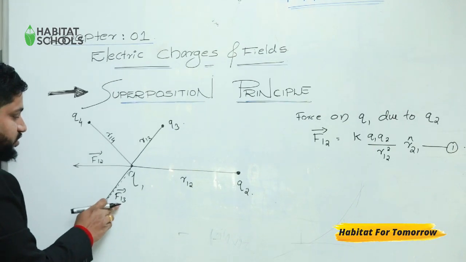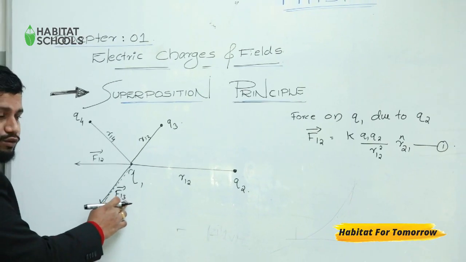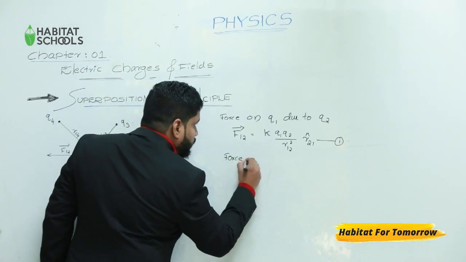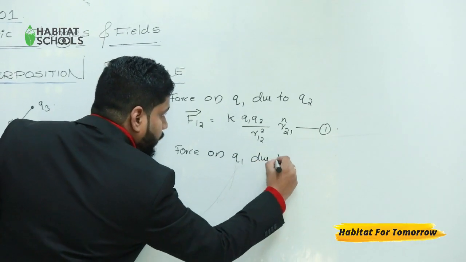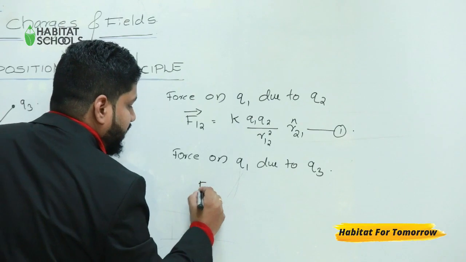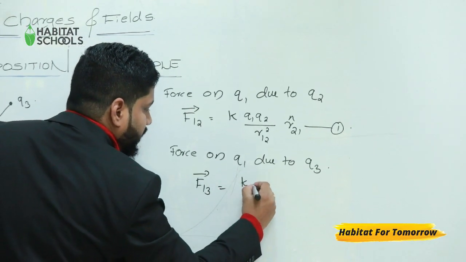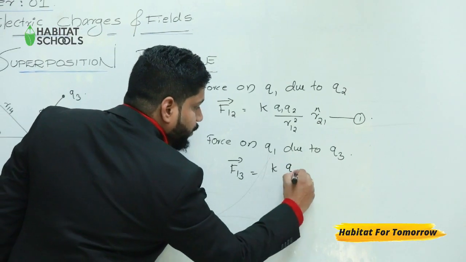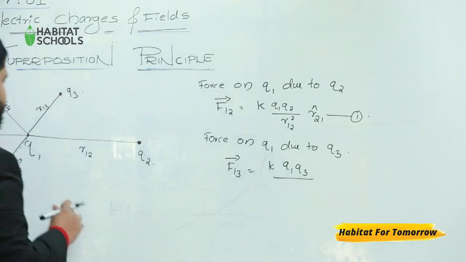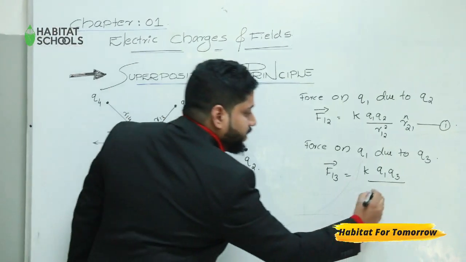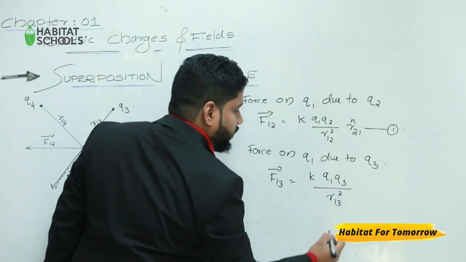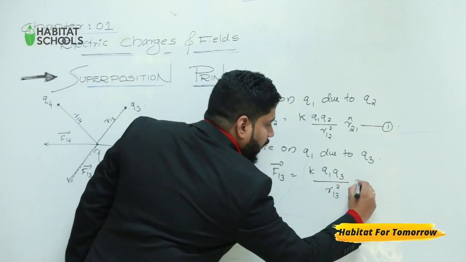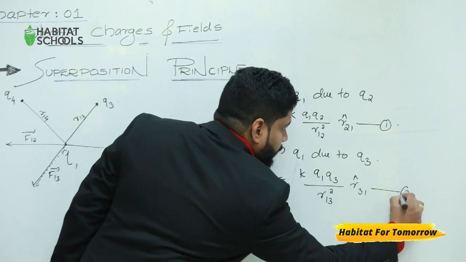F13 means the force on charge Q1 due to charge Q3. So the force on charge Q1 due to Q3, that is F13, is equal to K, here the charges are Q1 and Q3, Q1 Q3 divided by the distance square, the distance is R13, so R13 square, and the unit vector, this direction from 3 to 1, so R31 cap, equation number 2.